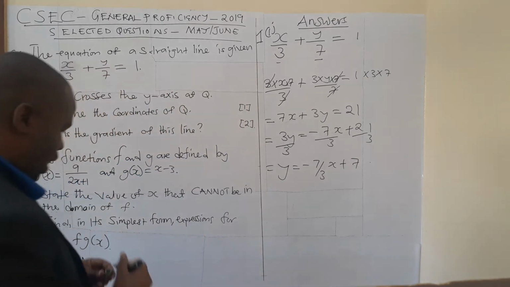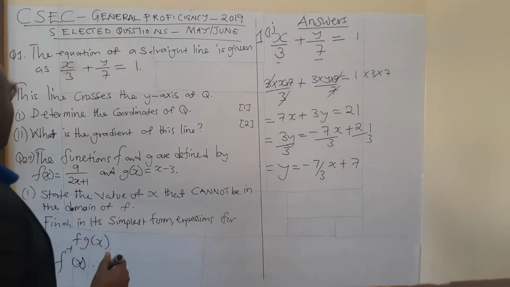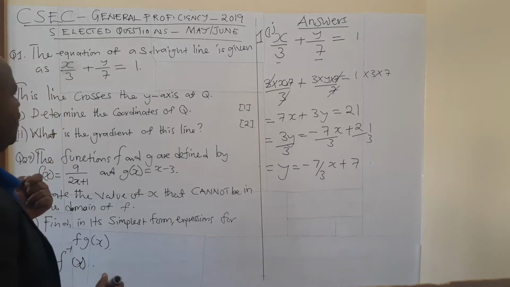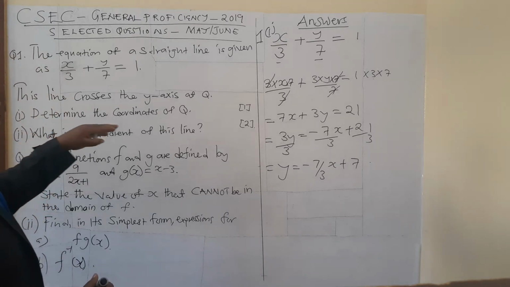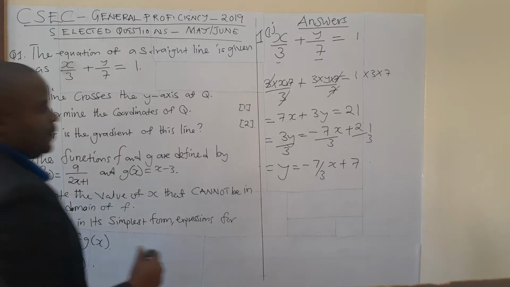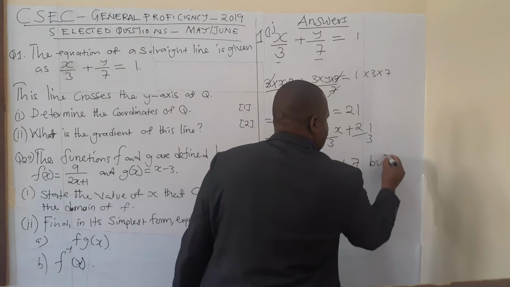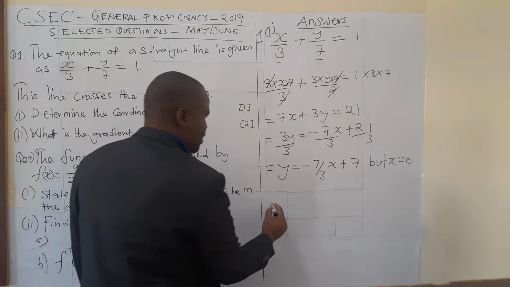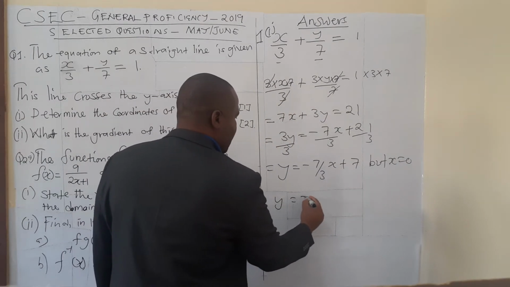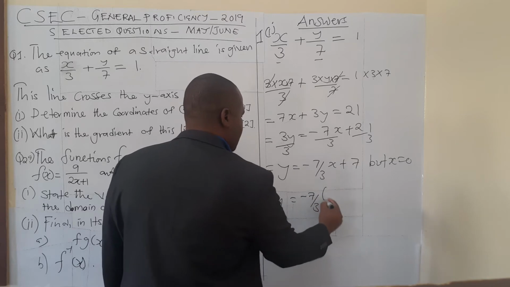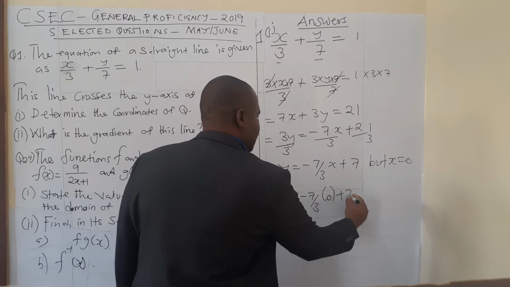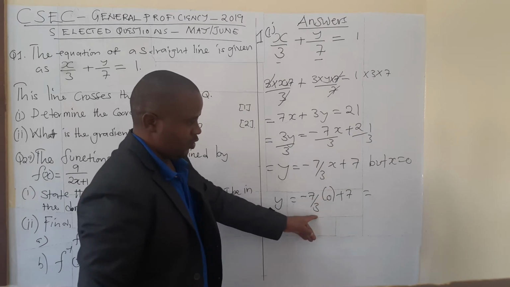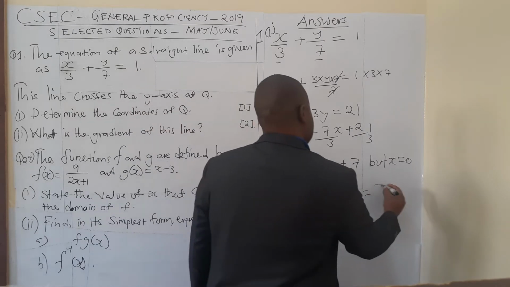Now, to answer this one, at the point where the line crosses the y-axis, x should be 0. Meaning that y will be equal to negative 7 over 3, here you put a 0, plus 7. So when you multiply 0 by this fraction, it will be 0. 0 plus 7 is 7.